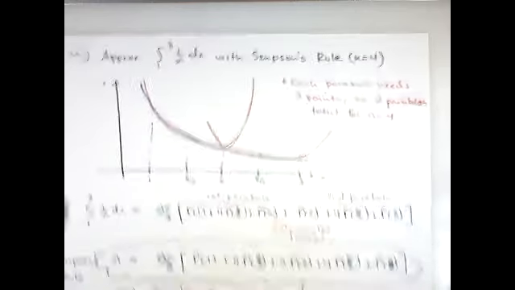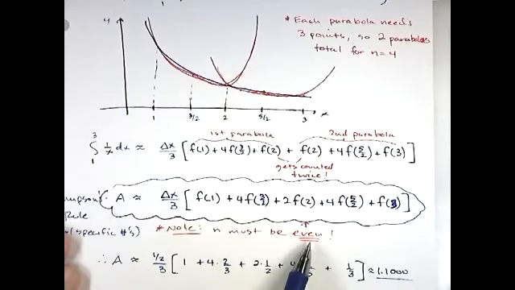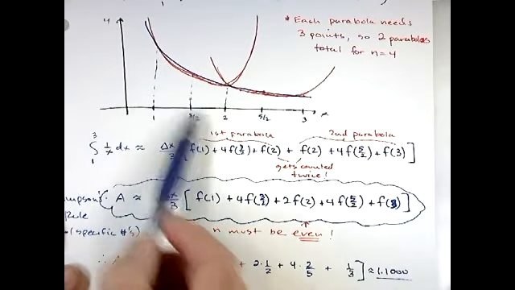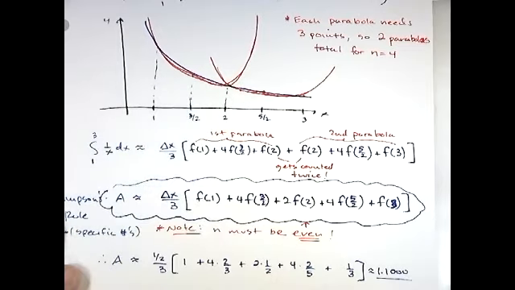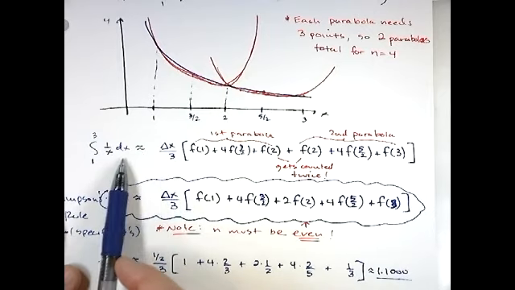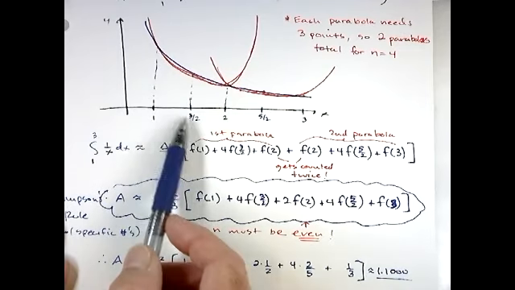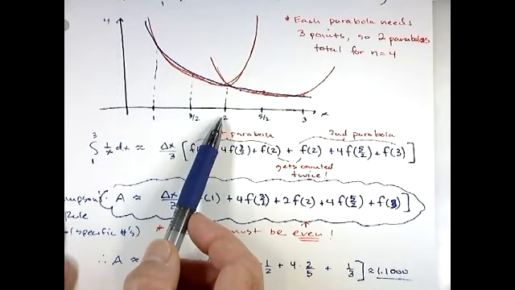So when you use Simpson's rule, n has to be even. You can't use Simpson's rule with n equals an odd number like 5 or 7. It has to be 4 or 6 or 8, because you need 2 subintervals to get 3 points for your parabola each time. Using Simpson's rule, the value of that integral is approximately delta x over 3, f of 1, 4 f of 3/2 plus f of 2.